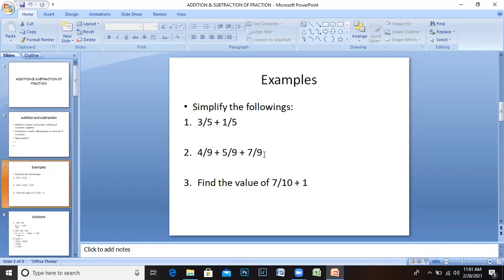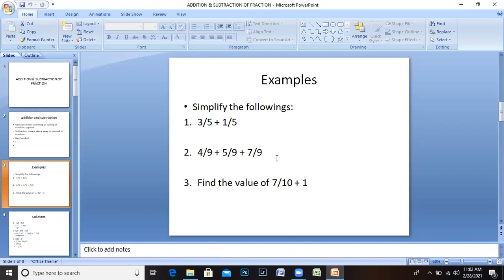Now we are going to solve these examples. Before we solve them, let me clarify something. In mathematics, we only deal with rules, and I'm going to spell out two rules that will guide you in solving these fractions. If the fractions have the same denominator, the rule says just pick one of the denominators to form your LCM, and add all the numerators together directly.